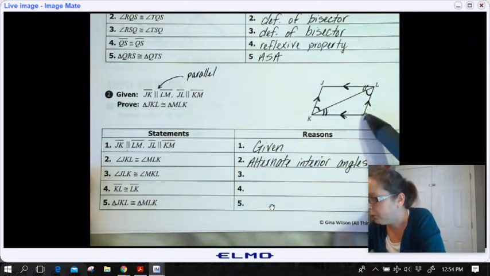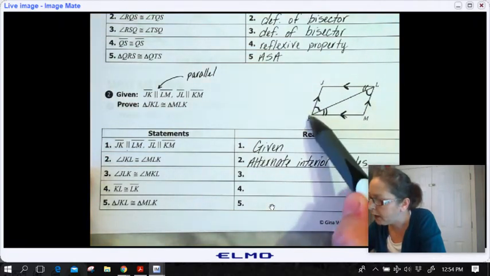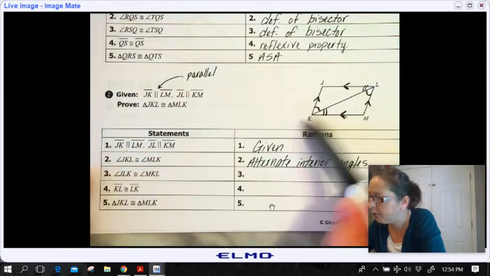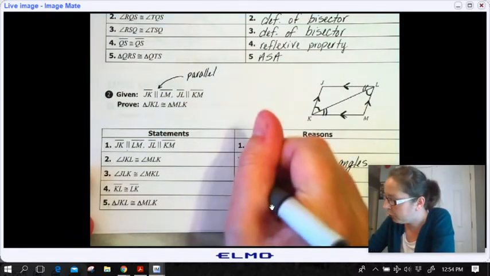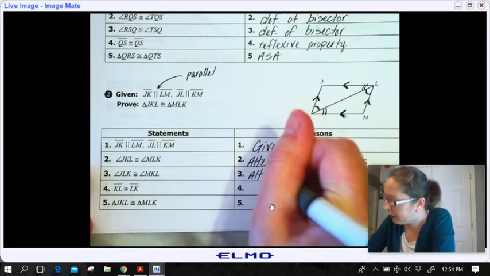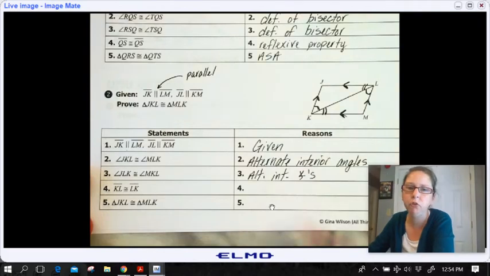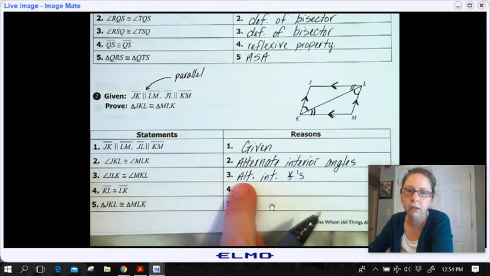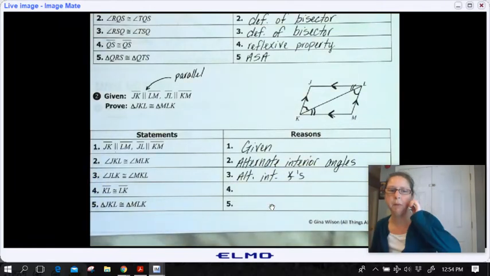Well, they are also on the insides of some parallel lines, and they are on opposite sides of the transversal. So again, I have alternate interior angles. If I'm going to shorthand alternate interior angles, those mean the same thing.